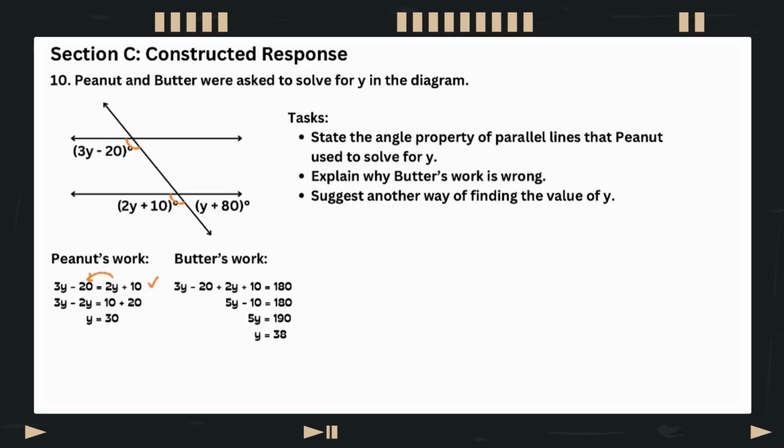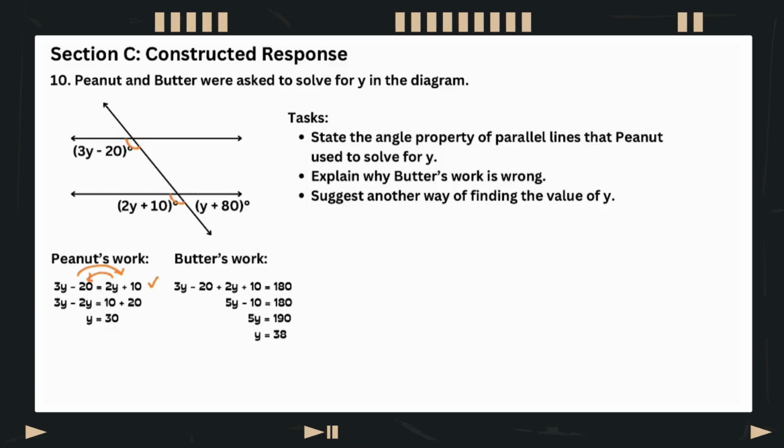And then she moved 20 to the other side of the equation, which made it positive 20. Hence, 3y minus 2y gives you y, and 10 plus 20 is equal to 30, which is correct.